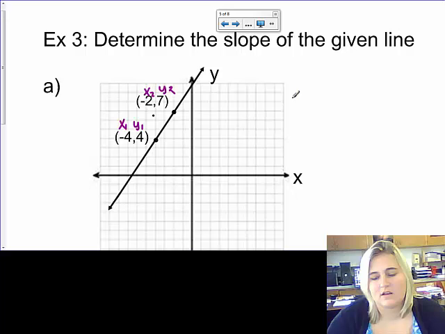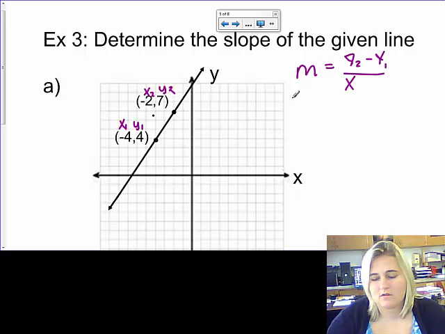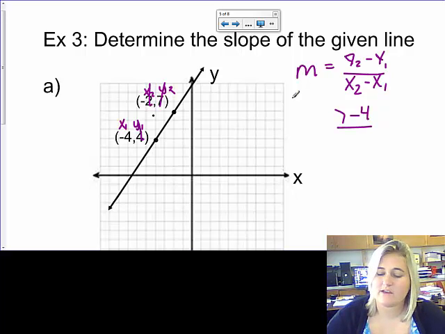So I'm going to write my formula, which is m equals y sub 2 minus y sub 1 over x sub 2 minus x sub 1. So my y sub 2 is 7 minus my y sub 1 is 4 over my x sub 2 is negative 2 minus my x sub 1 is negative 4.